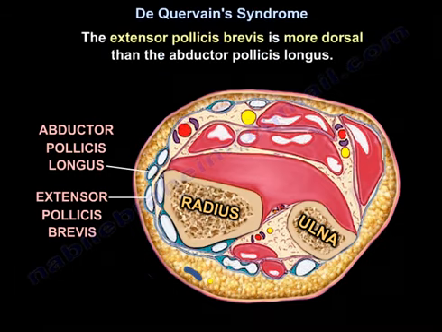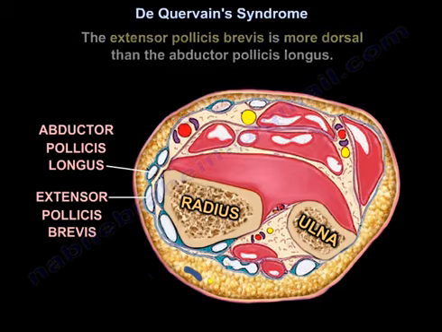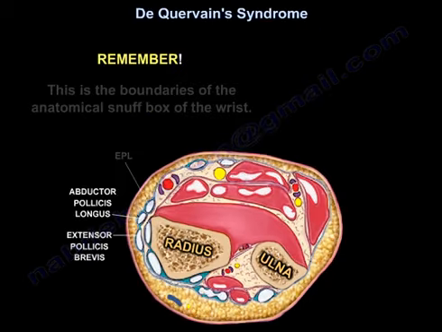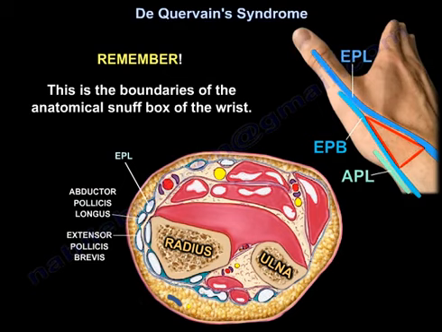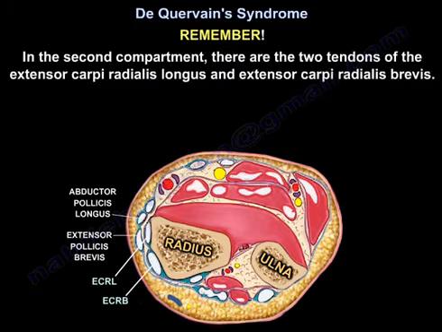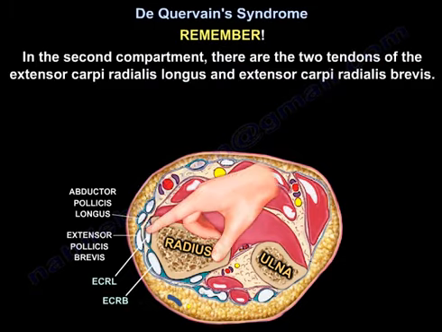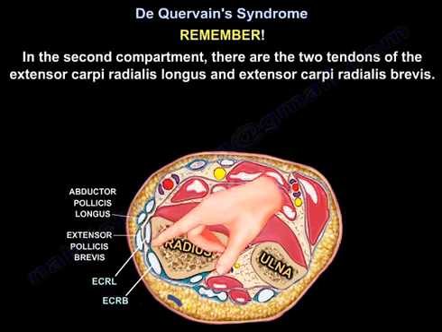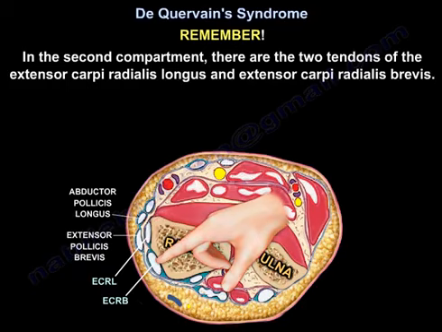The extensor pollicis brevis is more dorsal than the abductor pollicis longus. Remember, these are the boundaries of the snuff box of the wrist. Remember, in the second compartment, there are the two tendons of the extensor carpi radialis longus and extensor carpi radialis brevis.